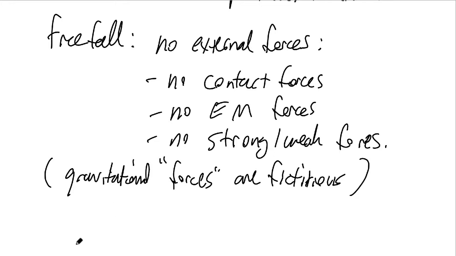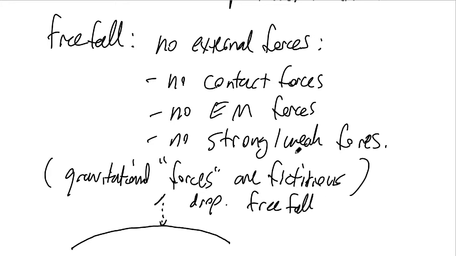An example of a body that's in free fall near the surface of the Earth is, say, a pencil that you drop. So here's a pencil, drop the pencil. While the pencil is falling, it's in free fall. So it's not being acted on by any of these forces. So it's unaccelerated, and it's following a timelike geodesic.